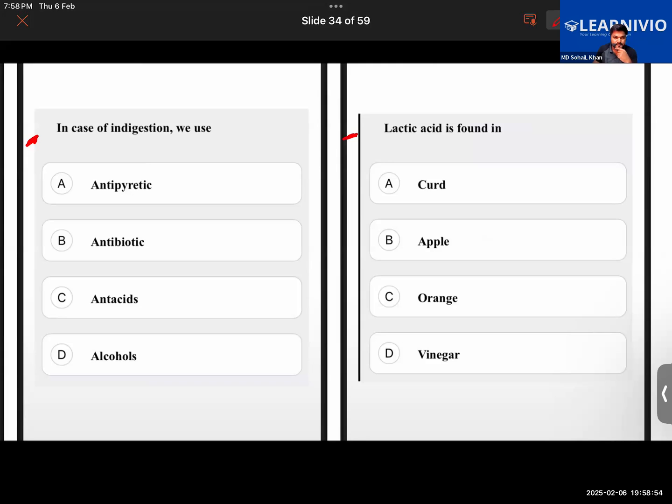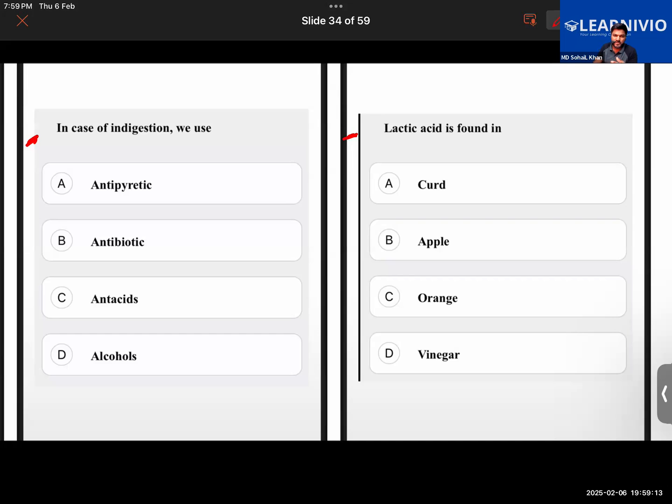In case of indigestion, we use antacids. Indigestion generally means that the food is not digested properly.